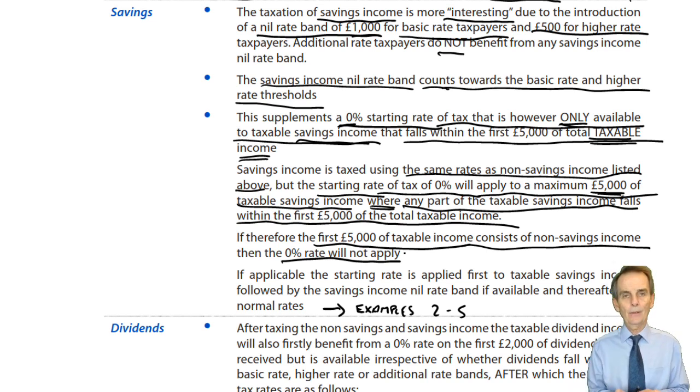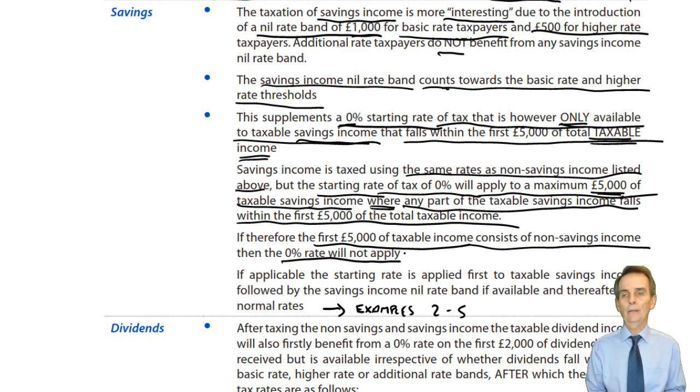So if the figure of non-savings income is £12,500 or less, you have a full £5,000 starting rate band to enjoy against your taxable savings income.